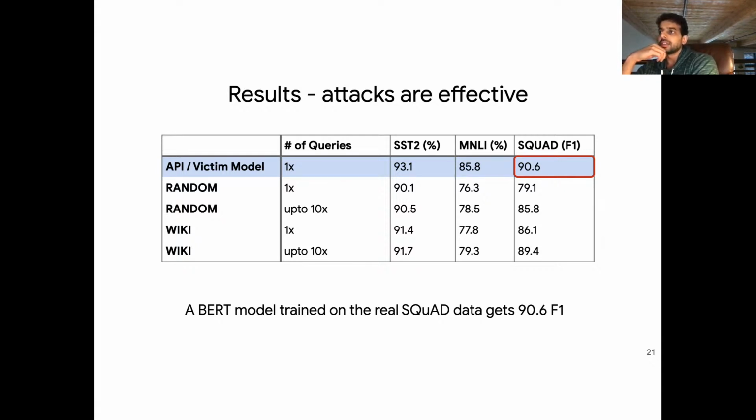Are industry-level pre-trained BERTs readily available? Because if they are, aren't we really only stealing the feed-forward layer? Well, all of the models that are served by these APIs have to be state-of-the-art. The way that we know to get state-of-the-art performance right now is through fine-tuning pre-trained language models.